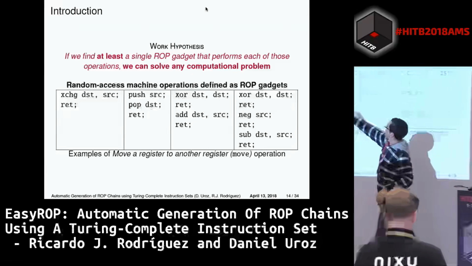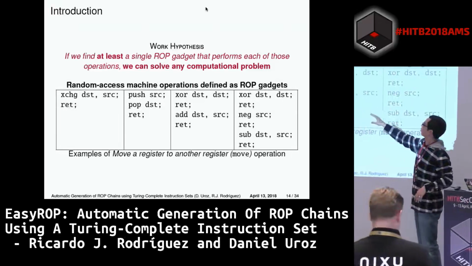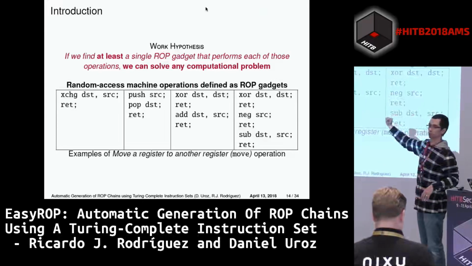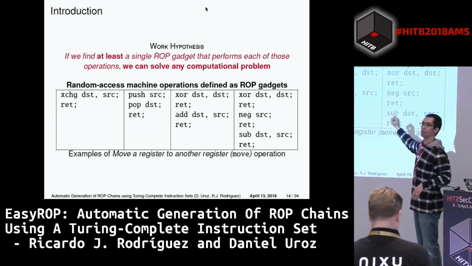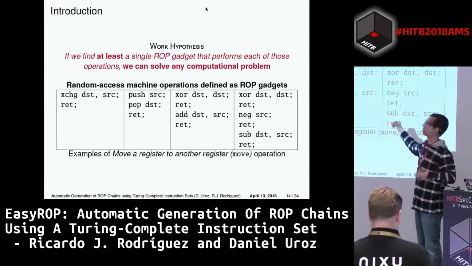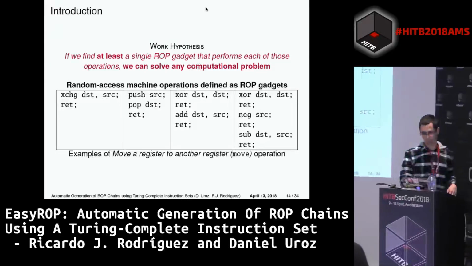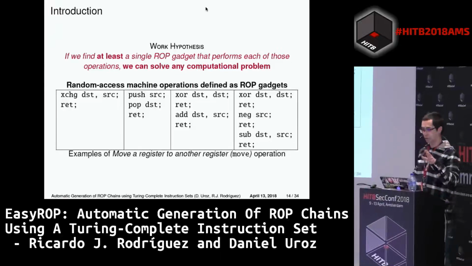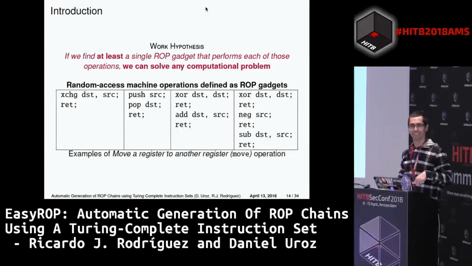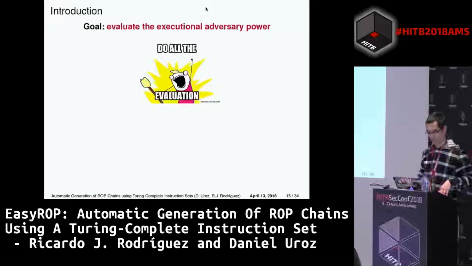So here we have 4 different ROP gadgets, but every one of these implements the same operation. Okay, each one of these implements a move operation, in a semantic way. Okay, I'm not gonna go further into the assembly instructions. If you wanna discuss later, we can do it.